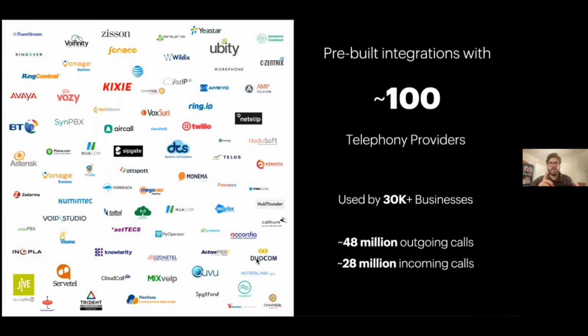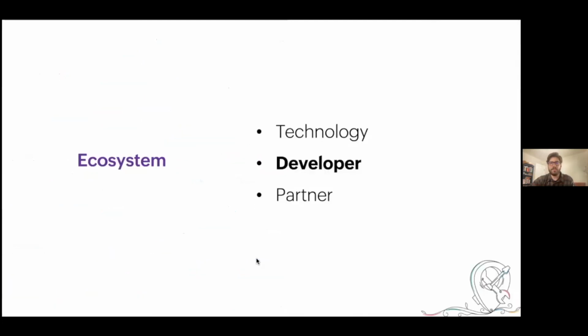So you integrate, for example, your RingCentral or your Vonage or your Avaya or what have you, and then you just choose which application you want this to appear in and how you want that to work, and then it's done. You don't have to think about it anymore, and you just use the integration accordingly.